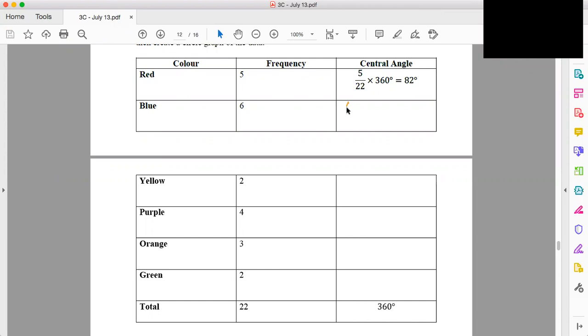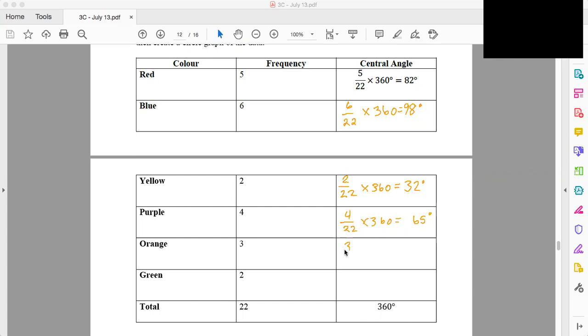Like I said here, we do 6 divided by 22 times 360, which gives us 98 degrees. Here we would do 2 divided by 22 times 360, which gives us 32. 4 divided by 22 times 360, which gives us a total of 65. 3 over 22, which gives us 49 degrees.